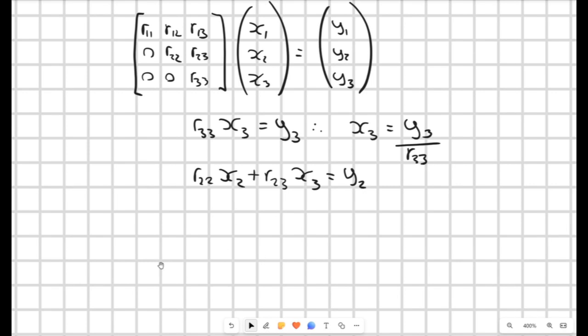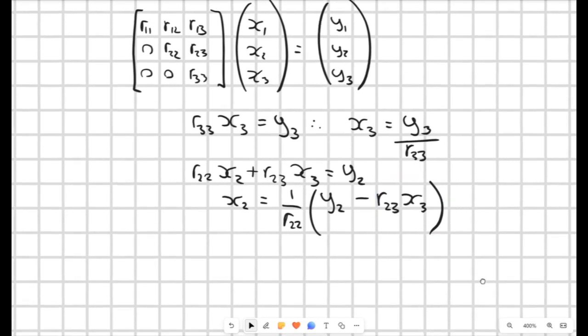So if we rearrange this and solve for x2, you can see that x2 is going to be equal to y2 minus r23 x3, and then all divided by r22. Okay, and because we found x3 in the previous iteration, then we know everything here, and so we can solve for x2. So now we've solved for x3 and x2.